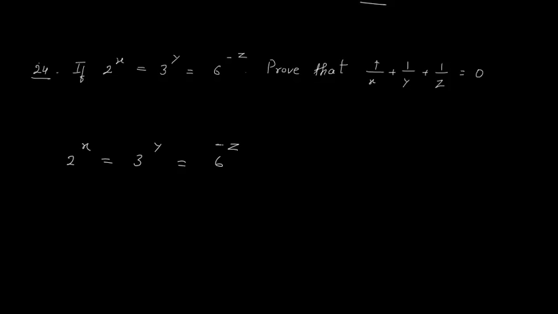Let us see. I will say that let this be equals to k. So that will give me a method to find the value of x. Therefore I can say that 2 power x is equals to k. Therefore what can we say about x?